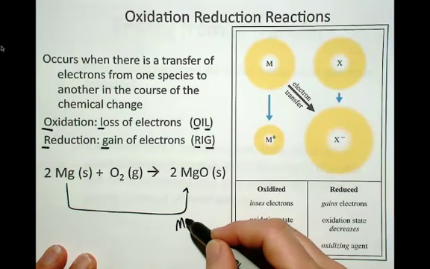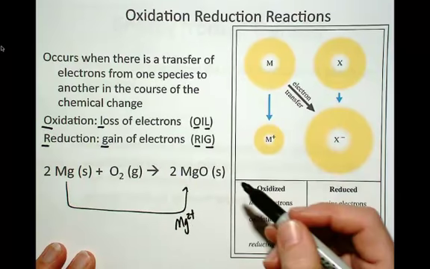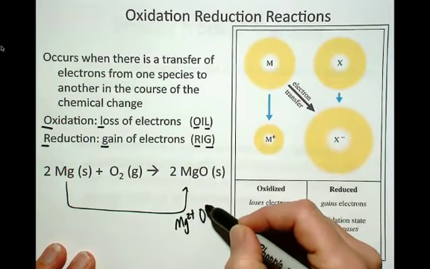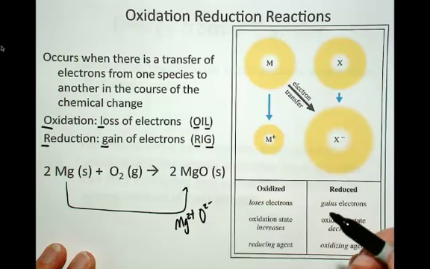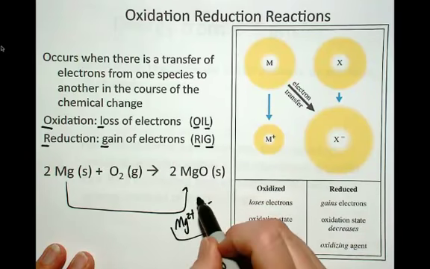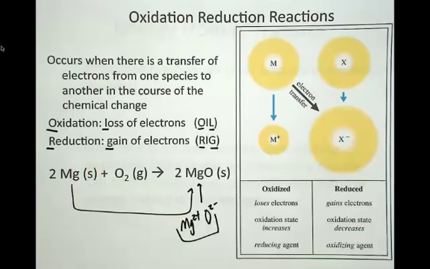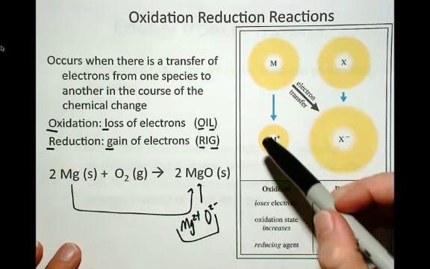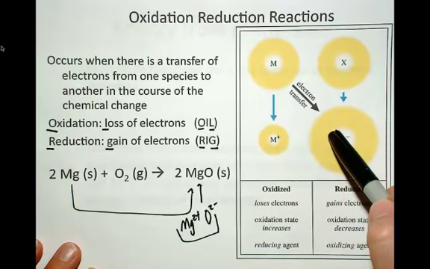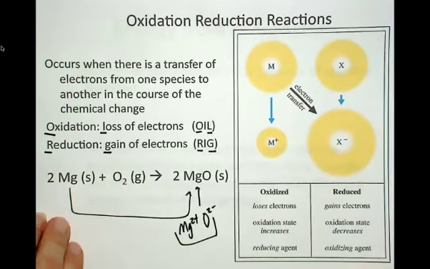And so I know that that magnesium really has a +2 charge, and the oxygen really in this compound has a -2 charge. And together they make this neutral ionic compound, magnesium oxide. So we can just look at these types of chemical reactions and identify them as oxidation reduction reactions and identify that across the change electrons are being transferred from one species to another.